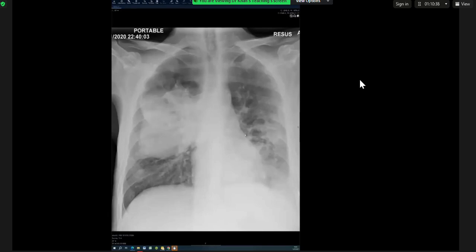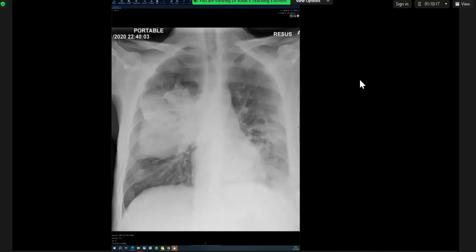Not so typical with a hemorrhagic pattern, because this is very dense and occupying a very high location. But again, it's not typical of the bat-wing appearance of pulmonary edema.